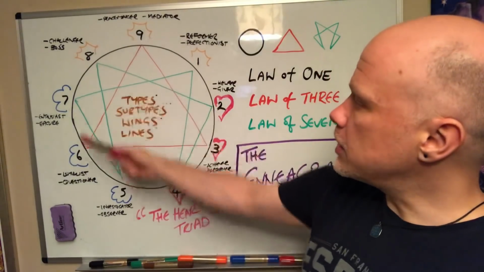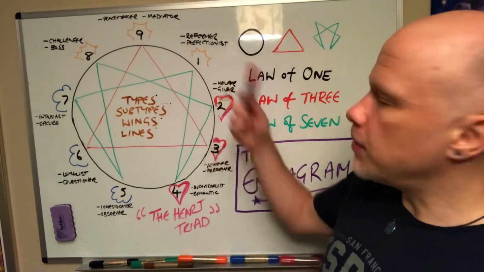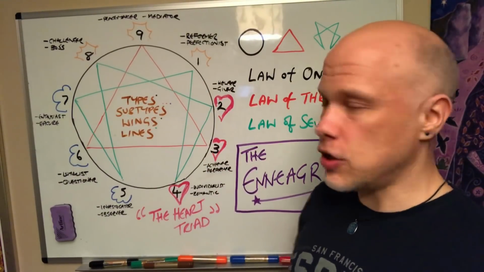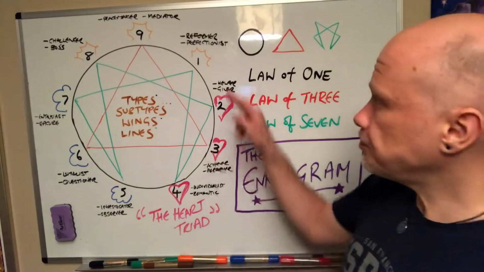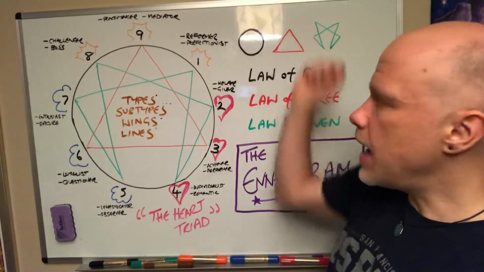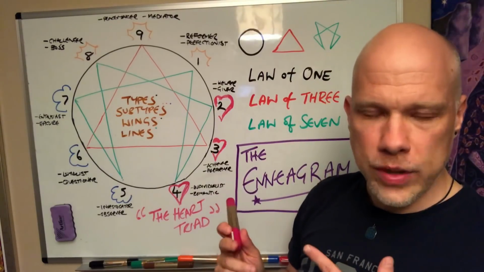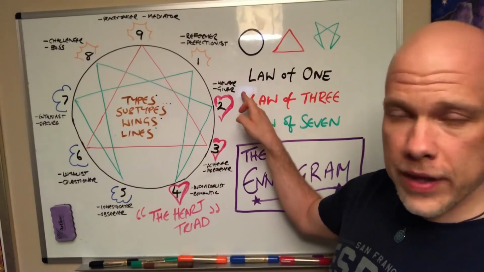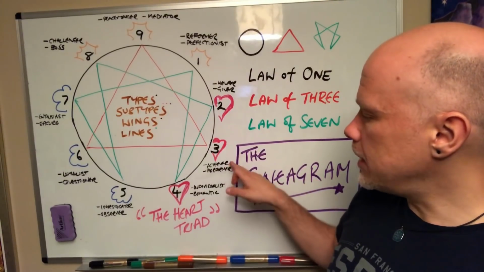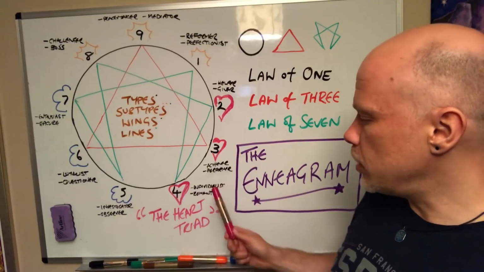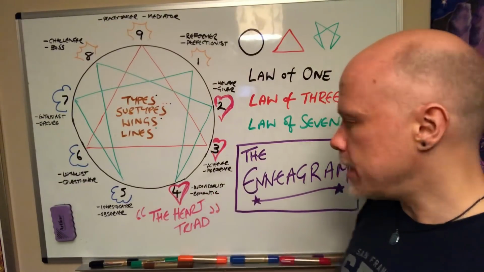So each of the numbers is a type, and they have different names depending on which Enneagram school you're talking about or which teacher you're relating to. But just briefly, number 1 is sometimes called the reformer or the perfectionist, and I'm not going to say much about these because the clue is kind of in the name. Number 2 is called the helper or the giver. Number 3 is the achiever or the performer. Number 4 is the individualist or the romantic, sometimes called the artist.